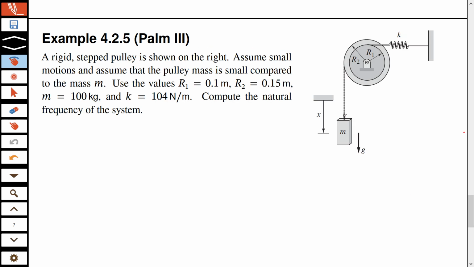Okay, the next example is, it looks complicated but it's easy. The only thing you need to remember is that the pulley is not a simple pulley.